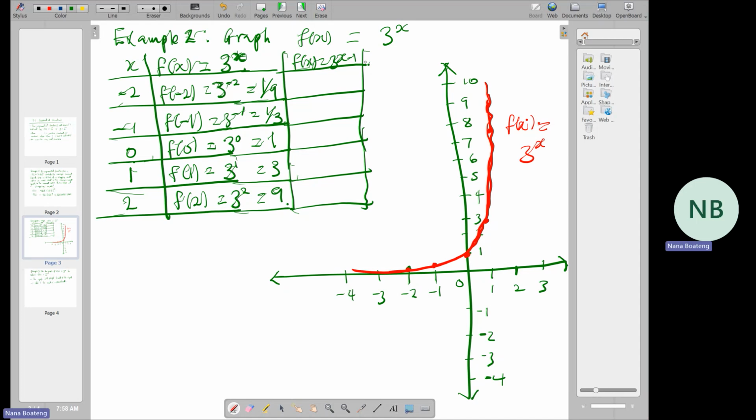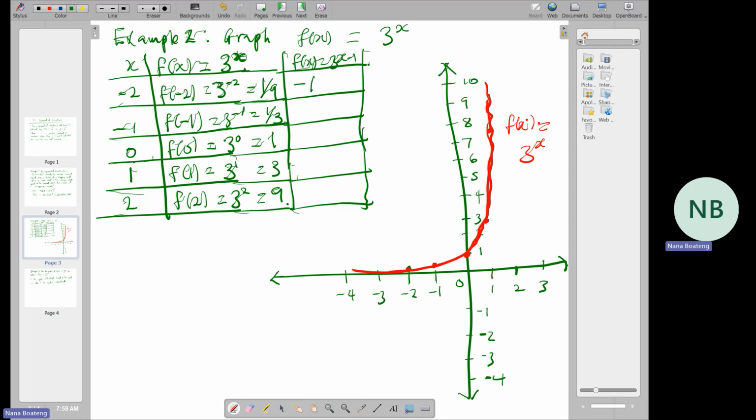So instead of x being -2, now x becomes -1. So the graph shifts to the right by 1.